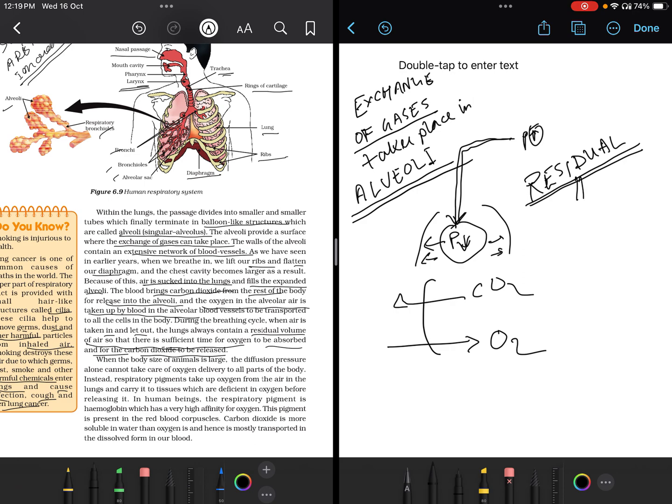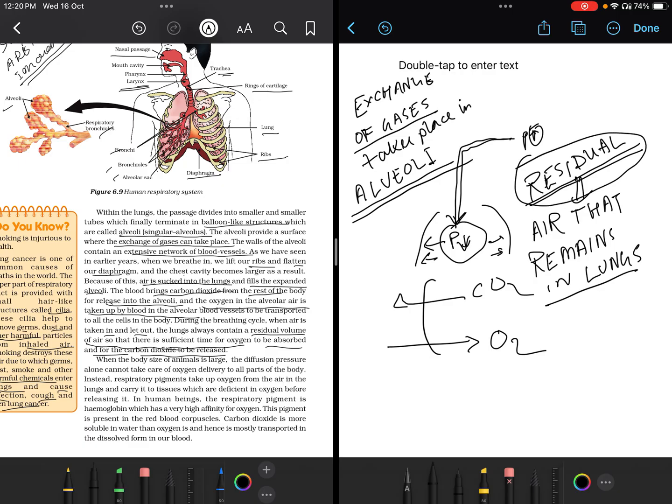Residual volume is the air that remains in the lungs. So gaseous exchange will take place, but there is always a volume, that is residual air, that will always be present in the lung. This will help in many things, like preventing collapse of the lungs.